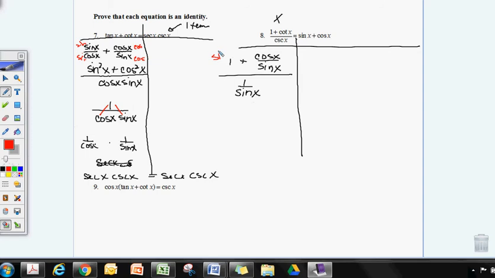So I'm left with a lone sine x added on to a cosine squared x over sine x. Now, just like I had said earlier, 2 terms, 1 big one. So I need a common denominator. My common denominator is sine x. This is technically over 1, so I'm going to have to multiply the bottom by sine, the top by sine.